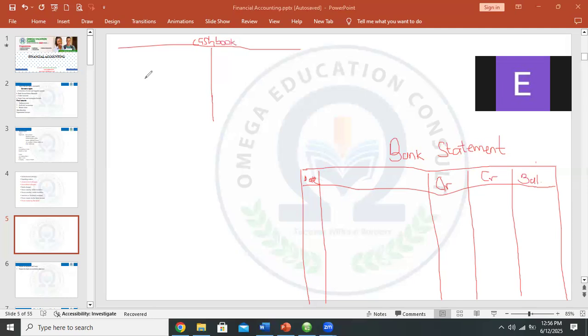As we all know, this is the debit side of the cash book bank account, right? And this is the credit side. We know the debit side to be called the receipt side. So when you receive check, this is where you record it. And then the credit side is known to be the payment side, right? So anytime we pay check, we credit our cash book.